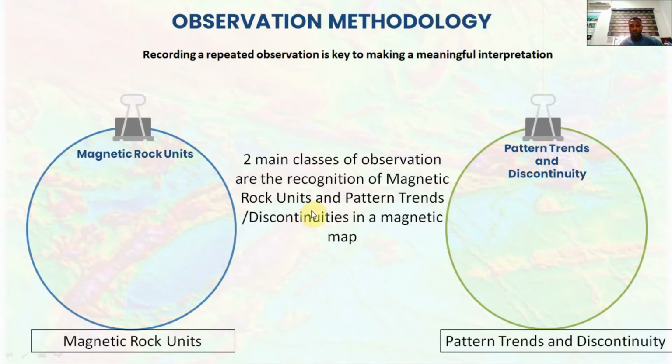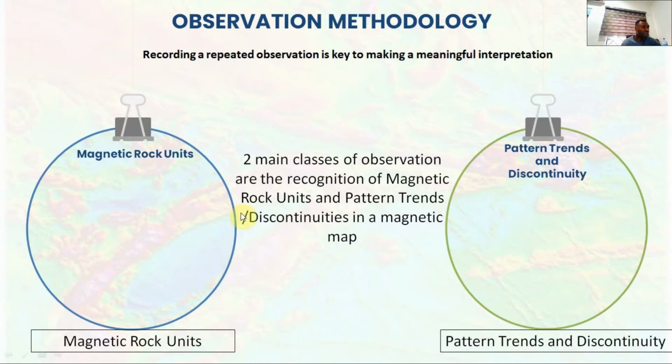Okay, we look at the methods involved when we're talking about observation methodology. What do we actually mean? Observation methodology involves two separate classes of features that are observable from an aeromagnetic image.